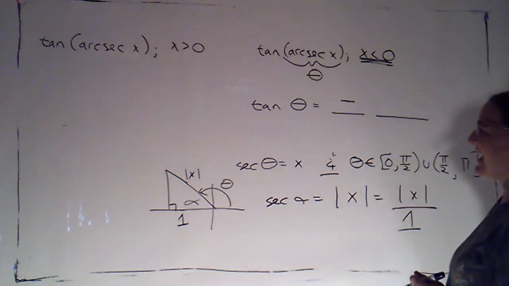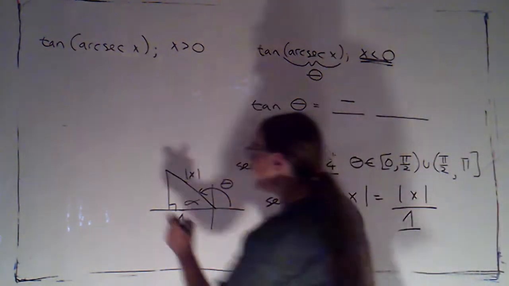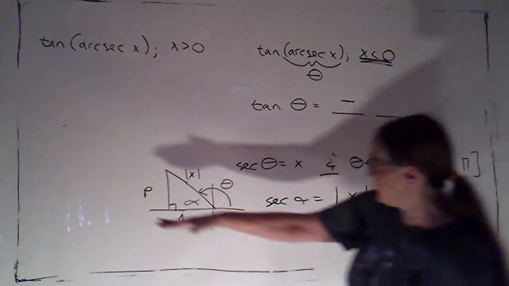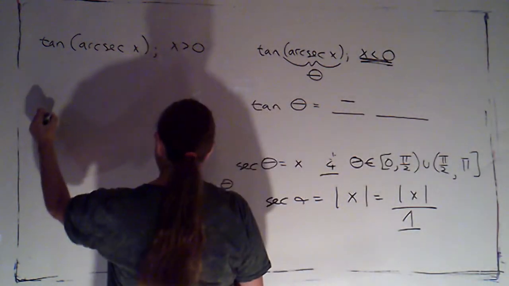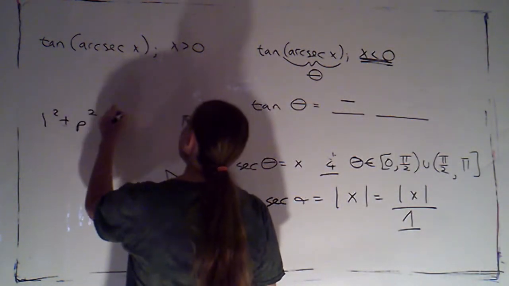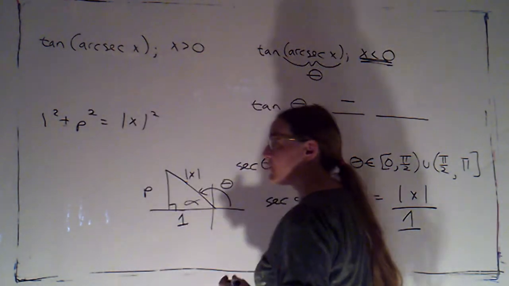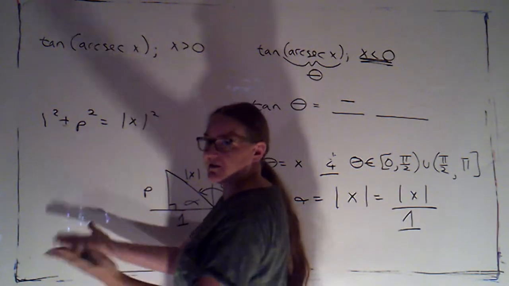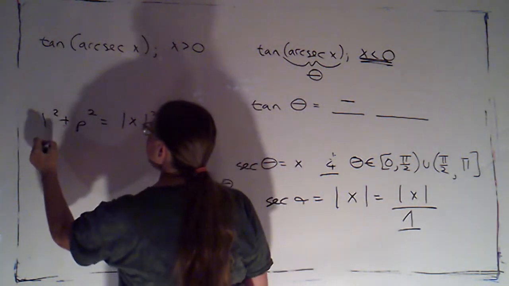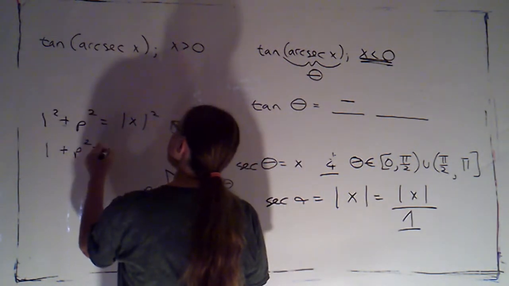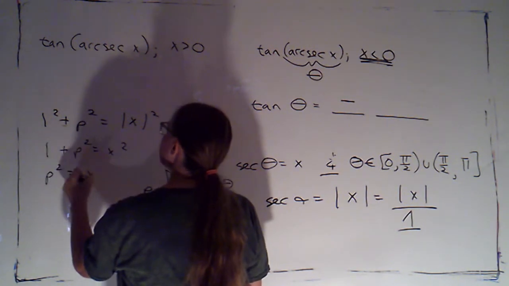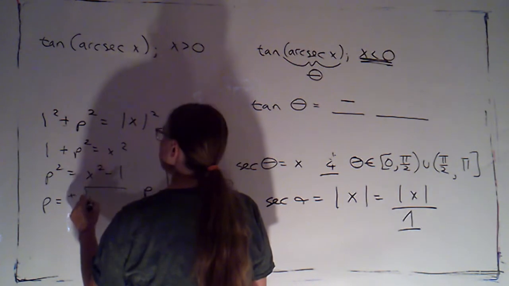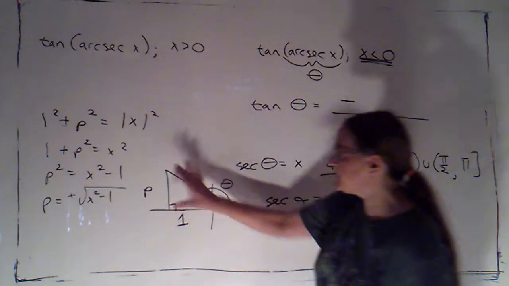Okay, excellent. So, looks like I want to find the opposite side. I'm just going to call that p. And let's bump over here and do some Pythagoras. 1 squared plus p squared is the absolute value of x squared. So, absolute value of x squared is just x squared, because when I square things, they become positive anyway. So 1 plus p squared equals x squared. p squared is x squared minus 1. p is going to be the positive square root of x squared minus 1, because p here is a side length.